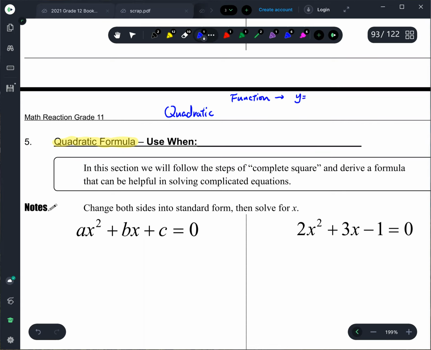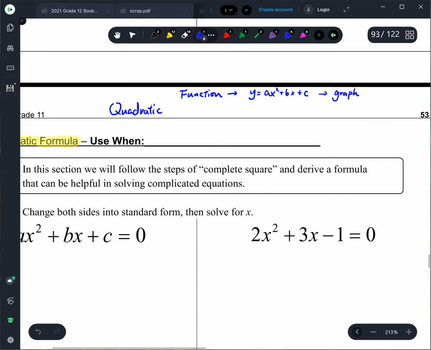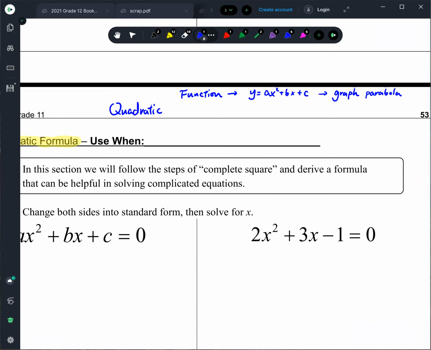So usually it looks like this. So you can graph a parabola. When you see the word function, that means you have an input and an output. So you can graph it, x and y.